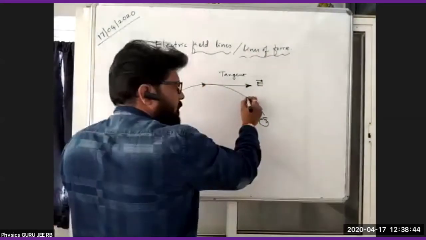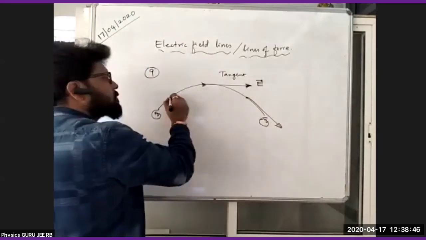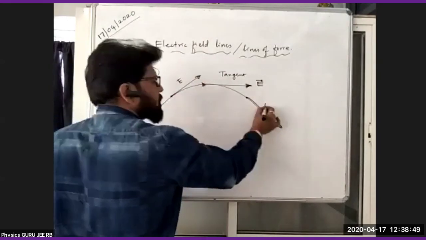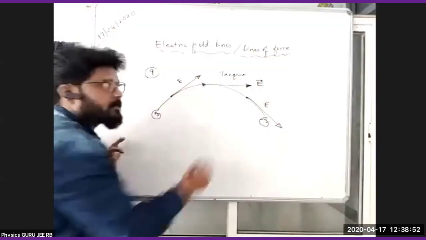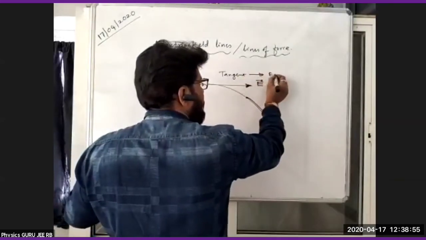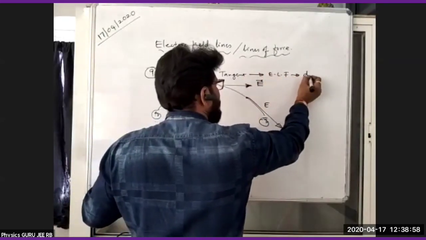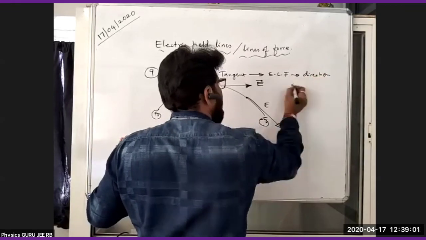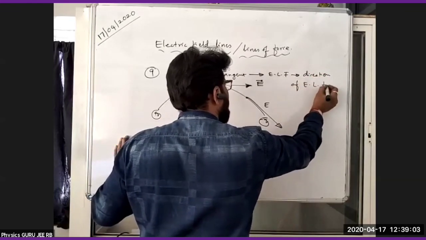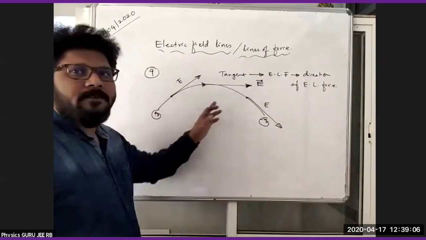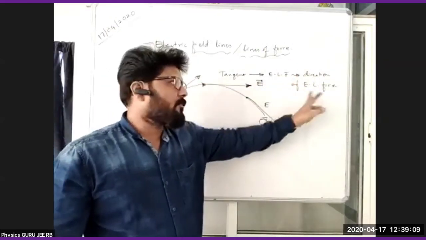If I want it at this particular point, draw a line like this. It's nothing but the tangent drawn at any point. The tangent drawn at any point on an electric line of force gives the direction of the electric lines of force.